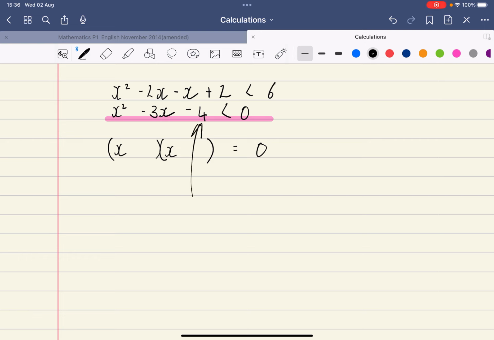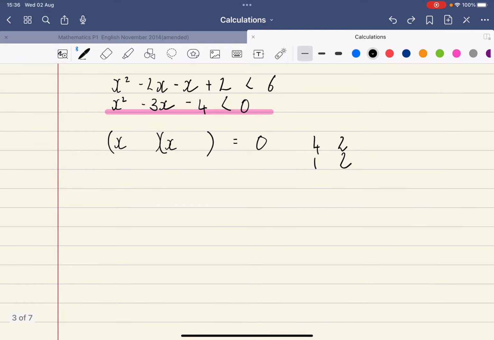We break up the factors of −4 to find what they will be multiplied with to get −3x. So the factors of 4 are 4 and 1 and 2 and 2. And because we have no coefficient for the x², we don't have to worry about taking it into account.